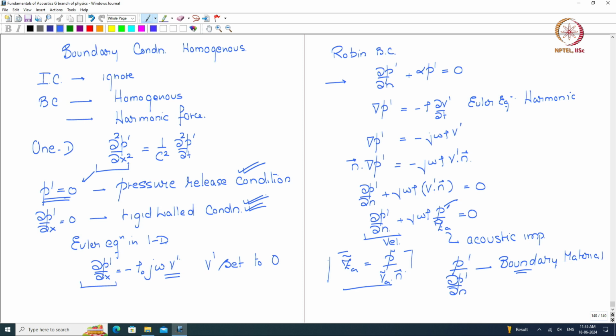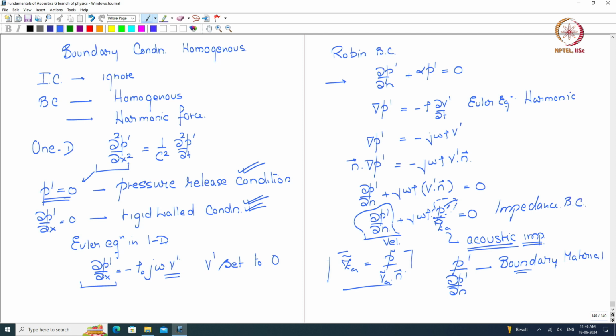It is in between, and therefore the velocity and the pressure there have to be related through the wall impedance, the acoustic impedance. This is also called the impedance boundary condition.